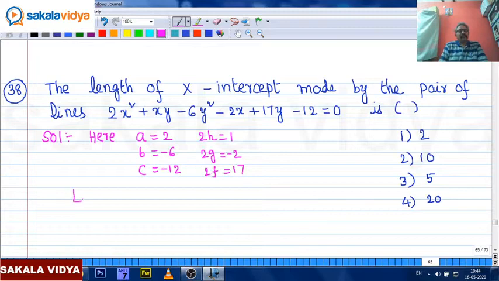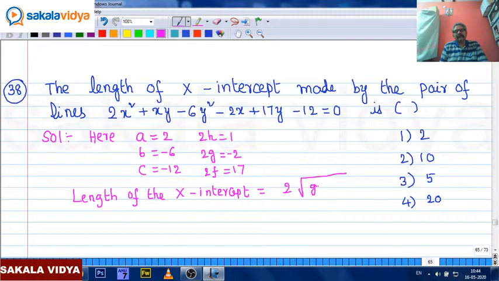So length of the x-intercept made by S equal to 0. What is the formula? 2 root of g square minus ac upon mod a. So that is 2 root of g square.